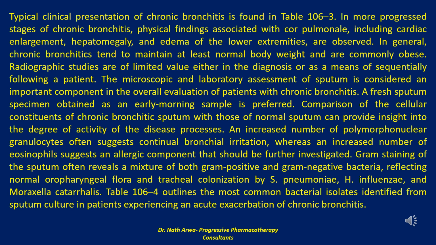Typical clinical presentation of chronic bronchitis is found in Table 106-3. In more progressed stages of chronic bronchitis, physical findings associated with cor pulmonale, including cardiac enlargement, hepatomegaly, and edema of the lower extremities, are observed. In general, chronic bronchitics tend to maintain at least normal body weight and are commonly obese.